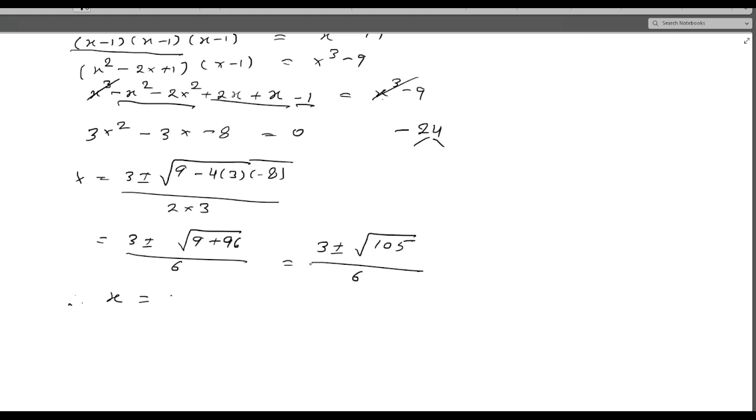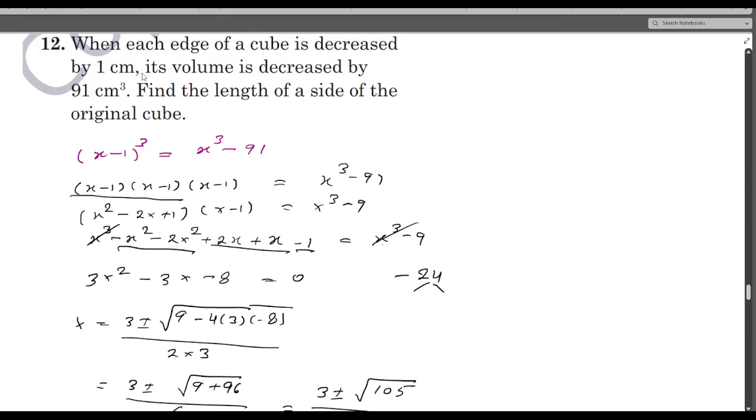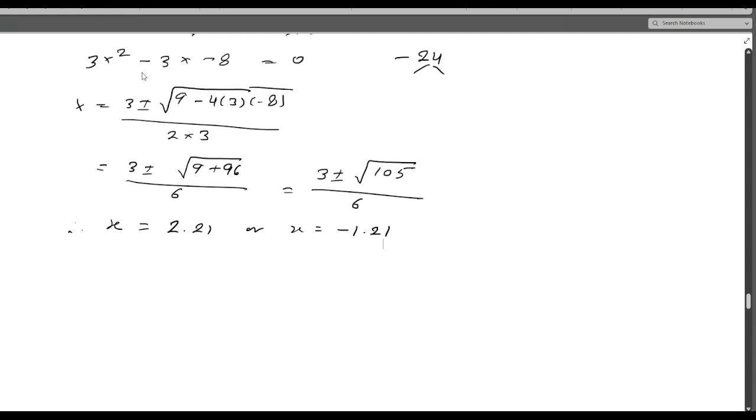So one answer is 2.21, or x is equal to, now if I do 3 minus root of 105 divided by 6, then it will give me minus 1.21. Okay, so minus 1.21, for a cube is not the right answer.